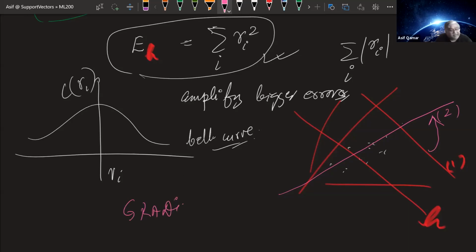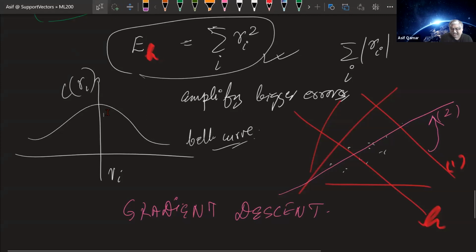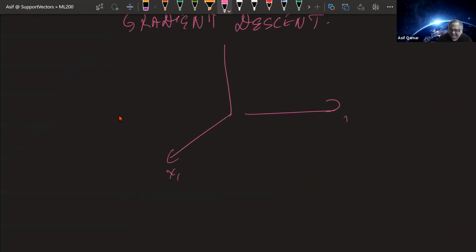A silly way would be to randomly pick millions of hypotheses in this plane, millions of lines, and compute the error. But there is a better way, which is gradient descent, which comes from the fact that associated with every hypothesis we have a certain degree of error.